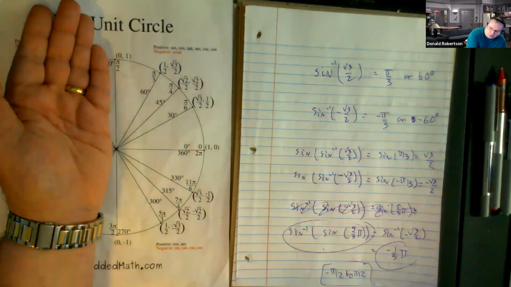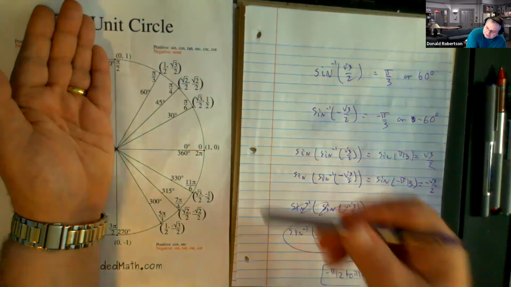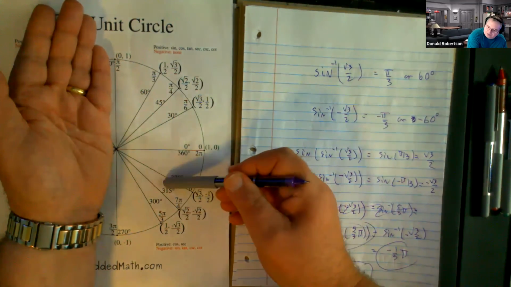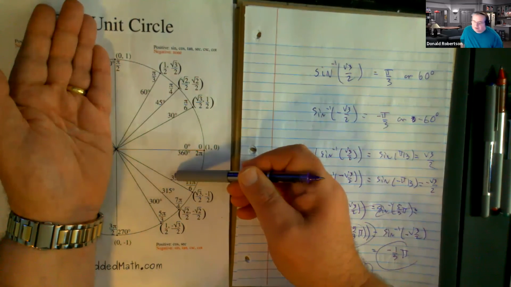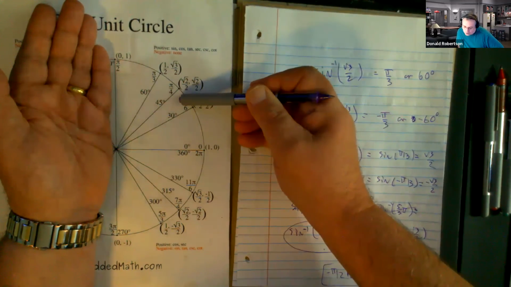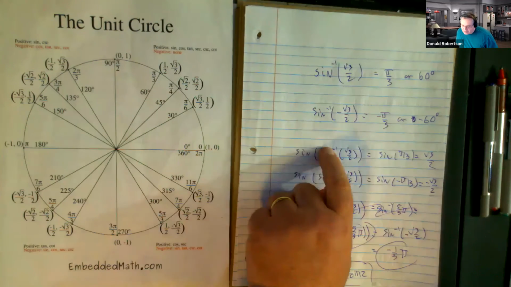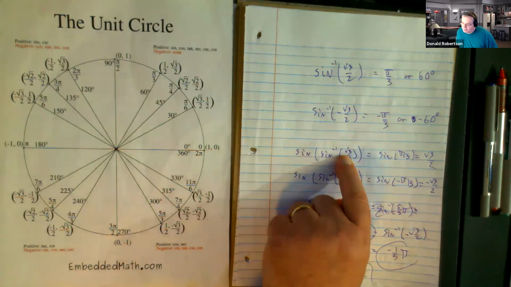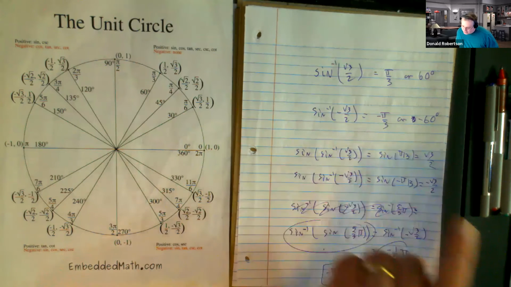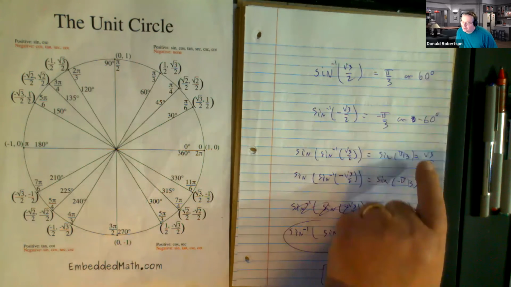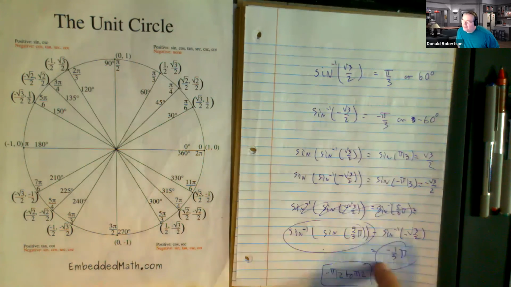If it's in this quadrant, the answer is a negative angle. And if it's from this quadrant, the angle is a positive angle. So the long-winded answer to your question is, if you do a sine of an inverse sine, do you just get the number you started with? It has two answers. Yes, when they're positive, and no when they're negative.